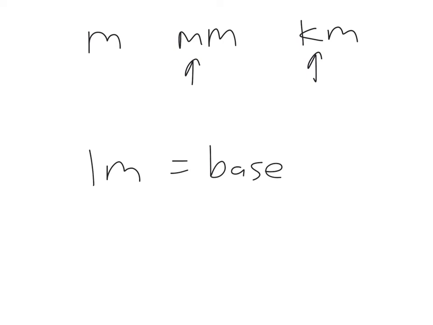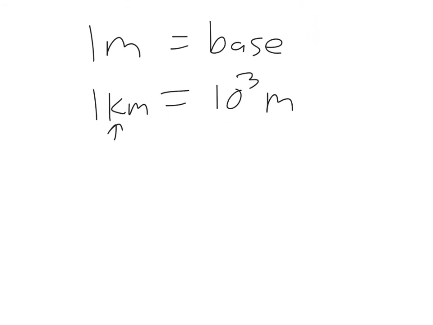Okay? If you go up by 1,000 to a kilometer, a kilo of something is going to be a 10 to the third of that something. So 1 kilometer is 10 to the third meters, or 1,000 meters. If you go up even more than that, let's go up to a 10 to the 6th of something.